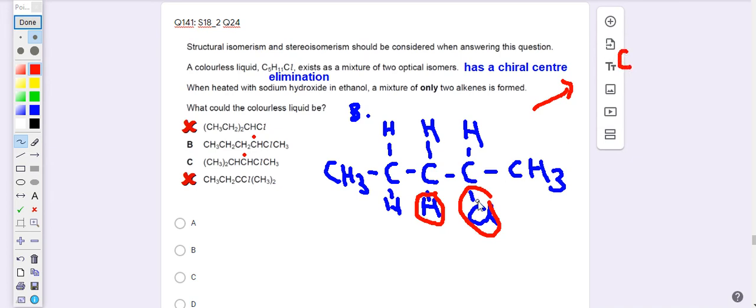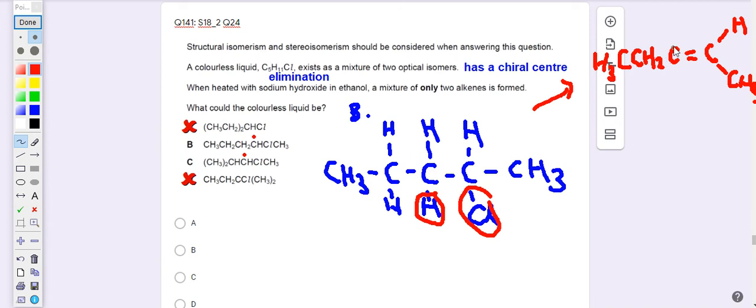I'll start with removing H from the left hand side adjacent carbon. So here I have CH3, CH2. Now remove this, there's a double bond between these two carbons. This is still bonded to H, it's bonded to CH3.